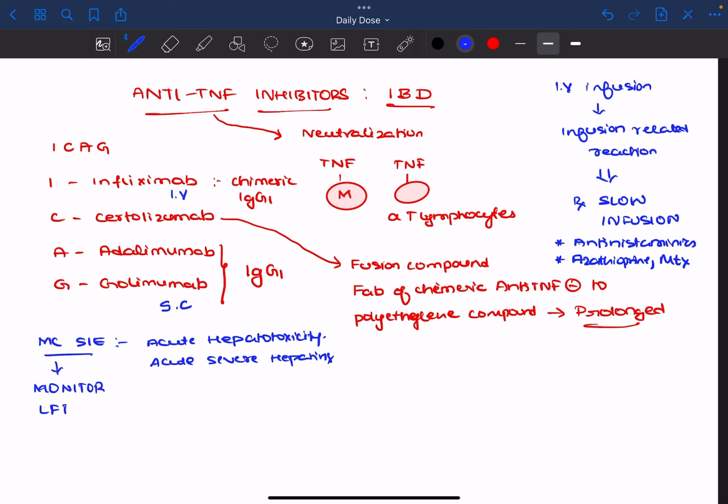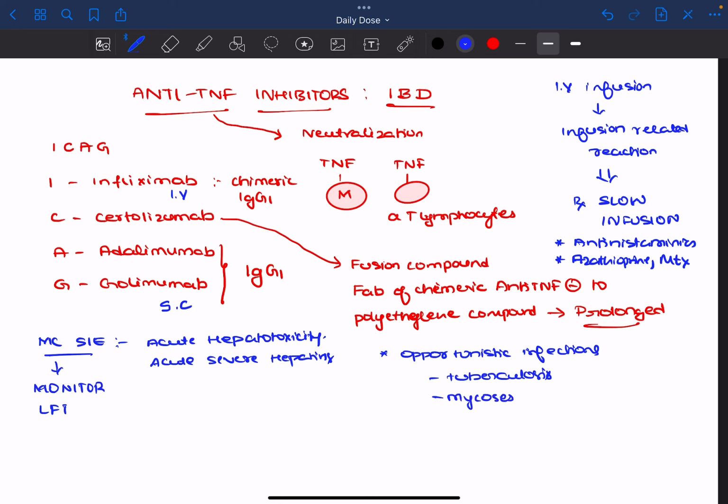Apart from that, one should remember that these drugs are known to cause opportunistic infections. So this will increase the risk of opportunistic infections. It can be tuberculosis. It can be mycosis.